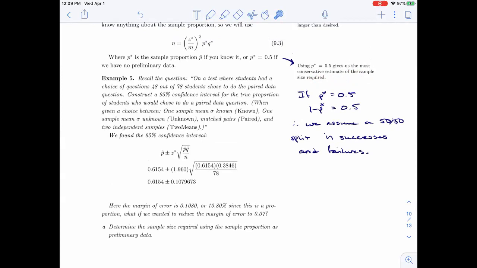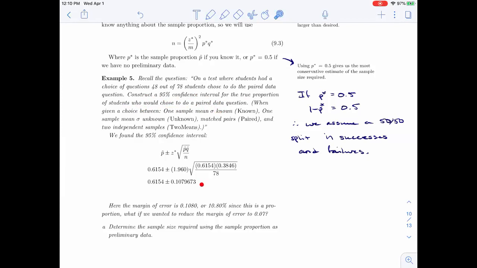Okay, so here's an example. On a test where students had a choice of questions, 48 out of 78 students chose to do a paired data question. Construct a 95% confidence interval for the true proportion of students who would choose to do a paired data question.